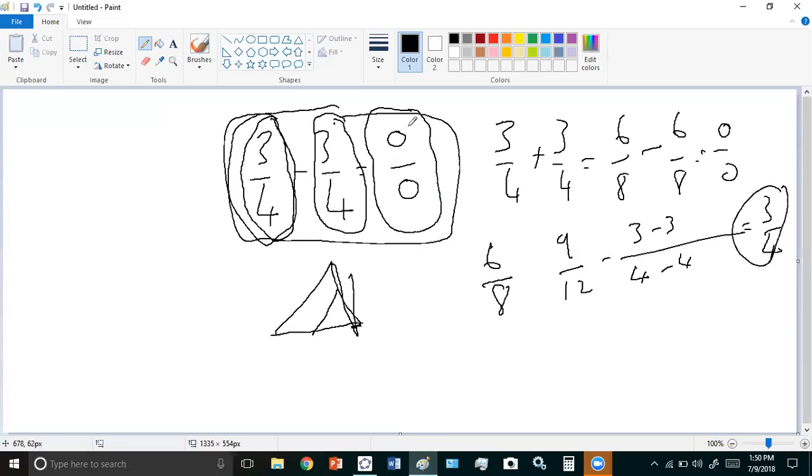So 0 isn't a number because it doesn't measure anything, okay? 4 is a number, 3 is a number, but 0 is not strictly speaking a number, even though it is very useful. And the greatest use of 0 is in communicating and removing ambiguities when we talk about numbers. Also in equations, where it acts as a placeholder.